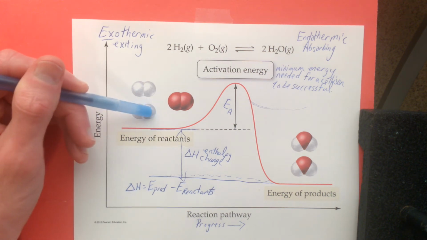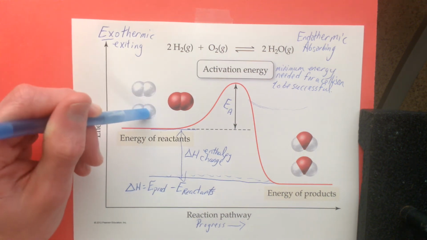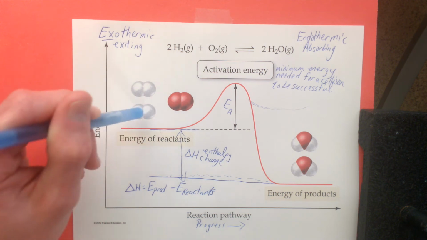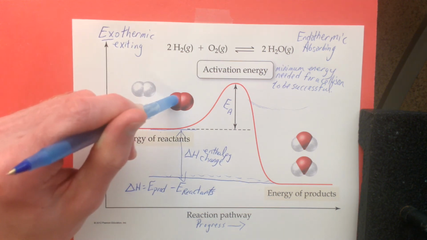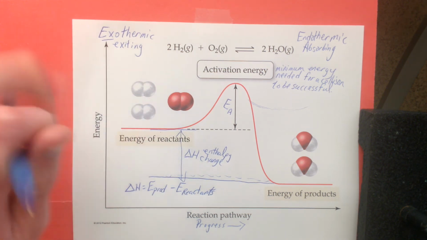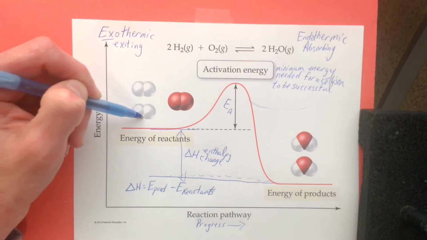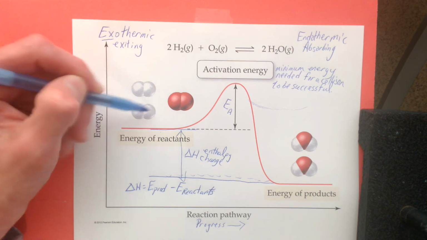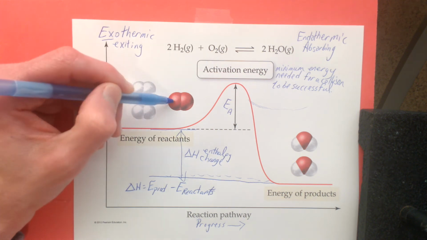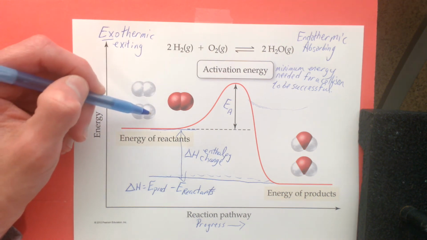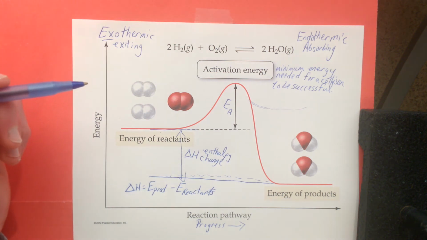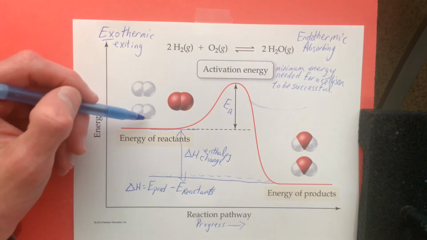If these hydrogens react with this oxygen by colliding, they have to hit the right position so that the bonds inside each one will break, and then immediately those separated atoms will be able to form the new bonds correctly.